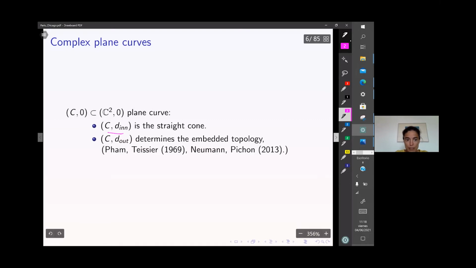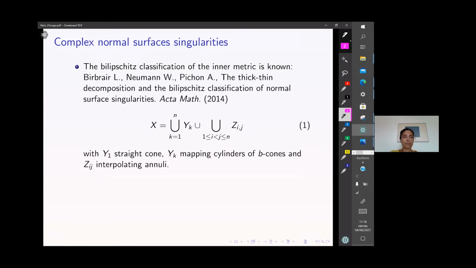And what about normal surface singularities? The inner metric is known, the Bilipschitz classification of complex normal surfaces with the inner metric, thanks to Birbrair, Neumann, and Pichon.